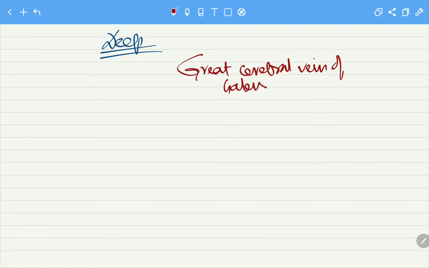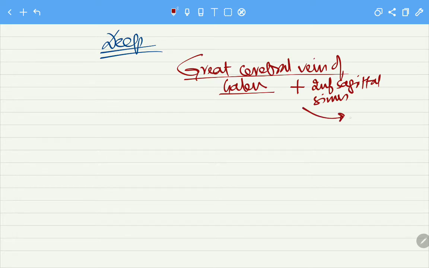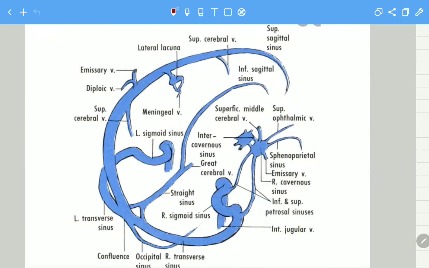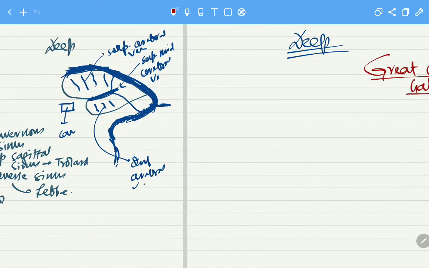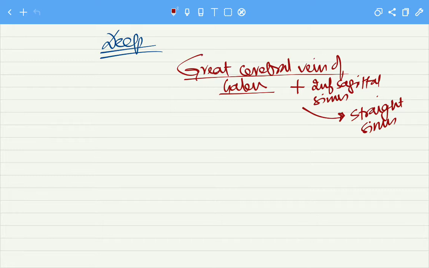It is important to remember the great cerebral vein joins with the inferior sagittal sinus and continues as the straight sinus. We'll discuss that once we go back to the venous sinuses, as I'll show the picture. But the great cerebral vein of Galen is formed by two groups of veins.